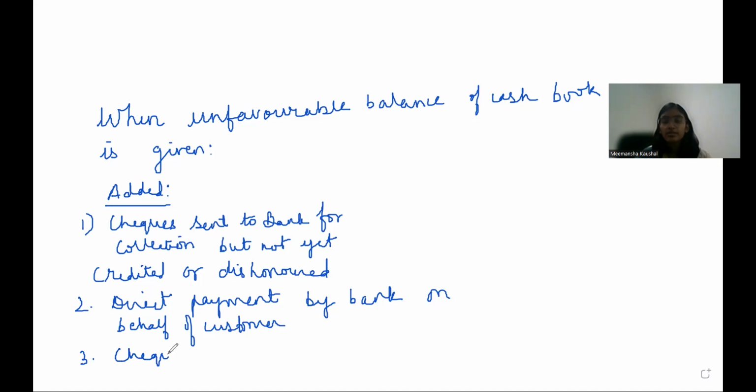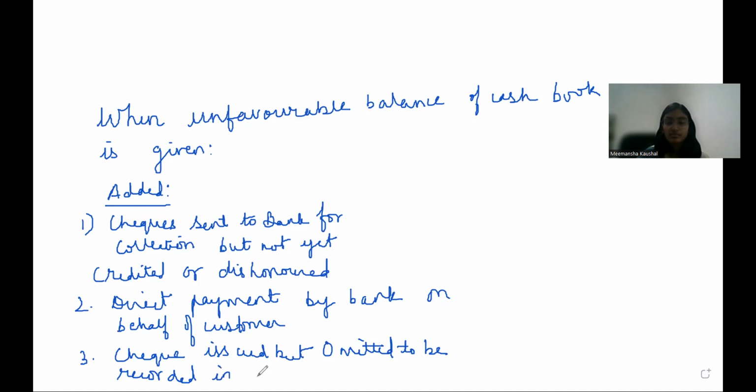Bank charges. Very good. Checks issued but omitted to be recorded in the cash book. And there is no space, so I can write bank charges maybe here. Okay, less.